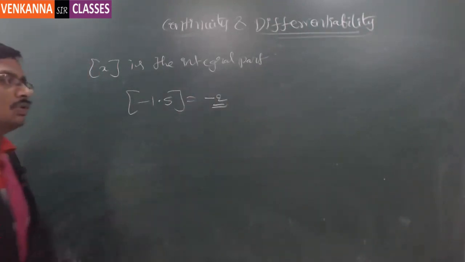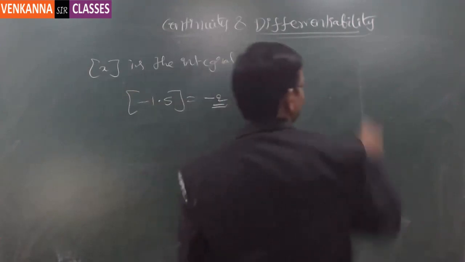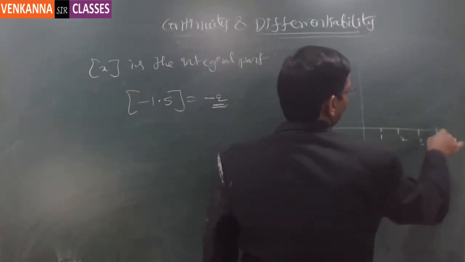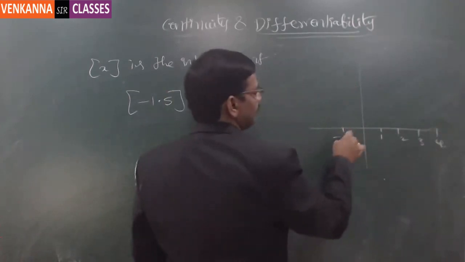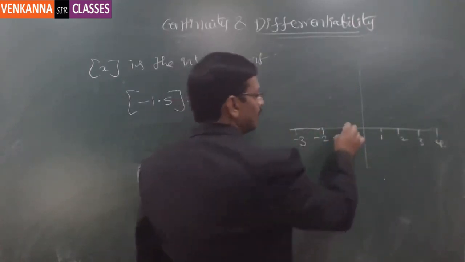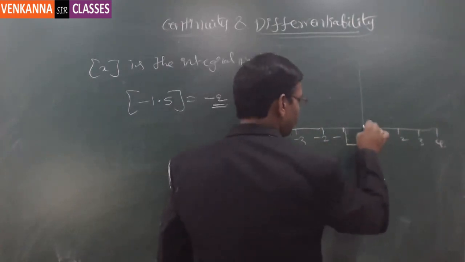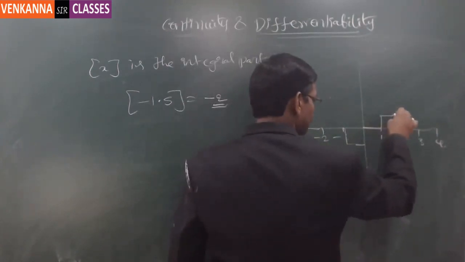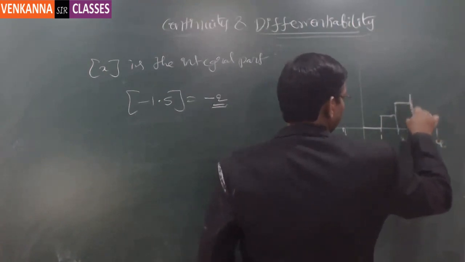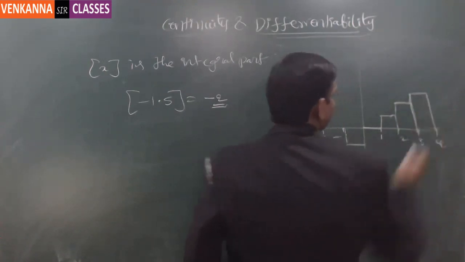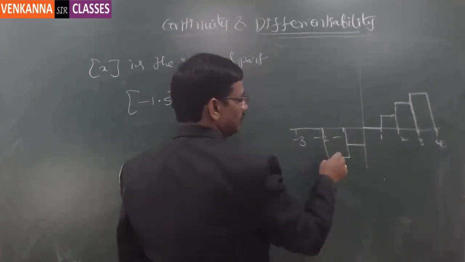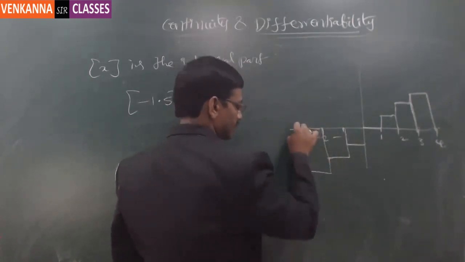If you draw the graph of step x, it will be 1, 2, 3, 4, and this is -1, -2, and -3. The graph starts at -1, but this is 0, and this is 1, 2, 3. Here on the negative side it starts with -1, goes to -2, and then to -3, like this.